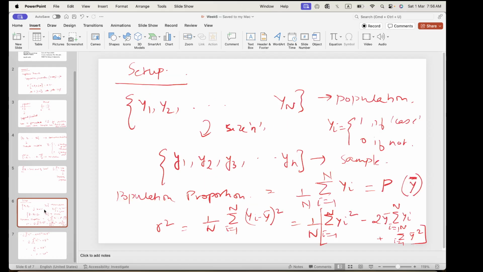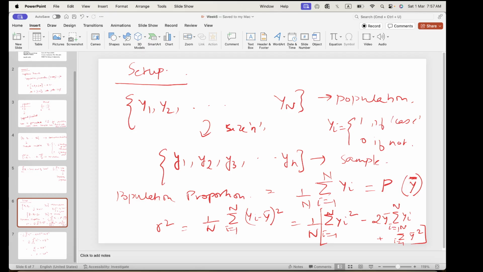So what I'm trying to do is set up the population proportion problem. Here I have capital Y1 to capital YN that represent the population values. From there I am drawing a sample of size small n.